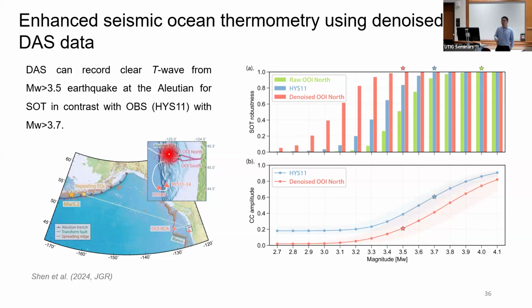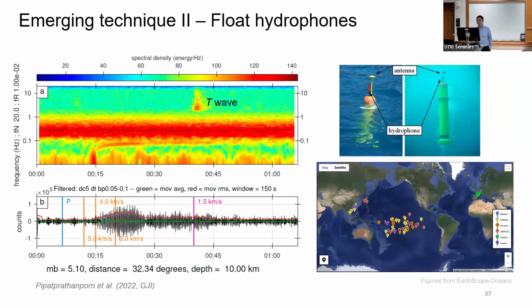It turns out if we are using the raw data without denoising, we can detect T wave from earthquakes at Aleutian with magnitude above 4. So this one, the green star. If we do the denoising, we can lower the magnitude to 3.5. That helps us to increase the data a lot. For comparison, if we are using the ocean bottom seismometer, the magnitude threshold is 3.7, so the performance is a little bit better than a single ocean bottom seismometer.